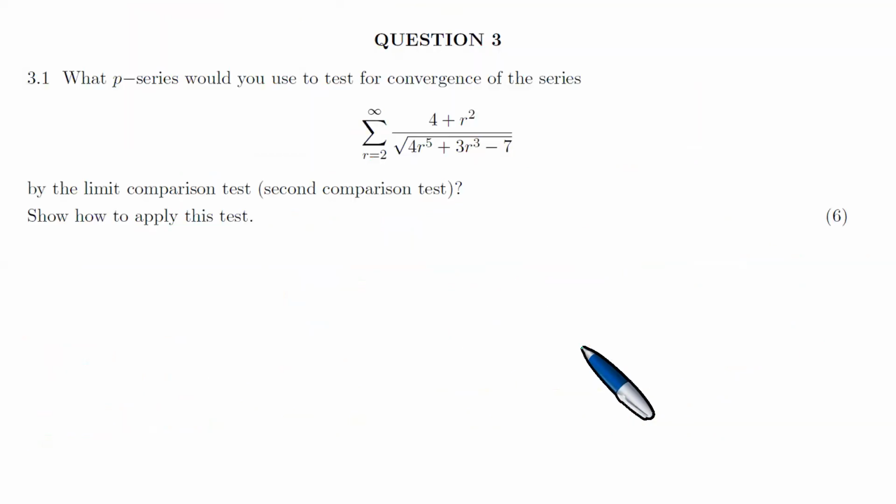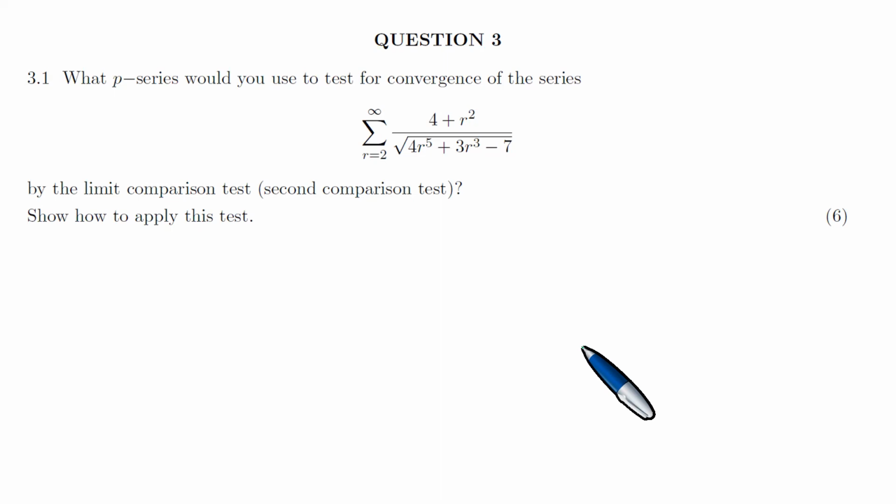Okay, here we're dealing with what we call the P series. And the question is that you need to do something. What P series would you use to test for convergence of the series? That one. By the limit comparison test, which is the second comparison test.